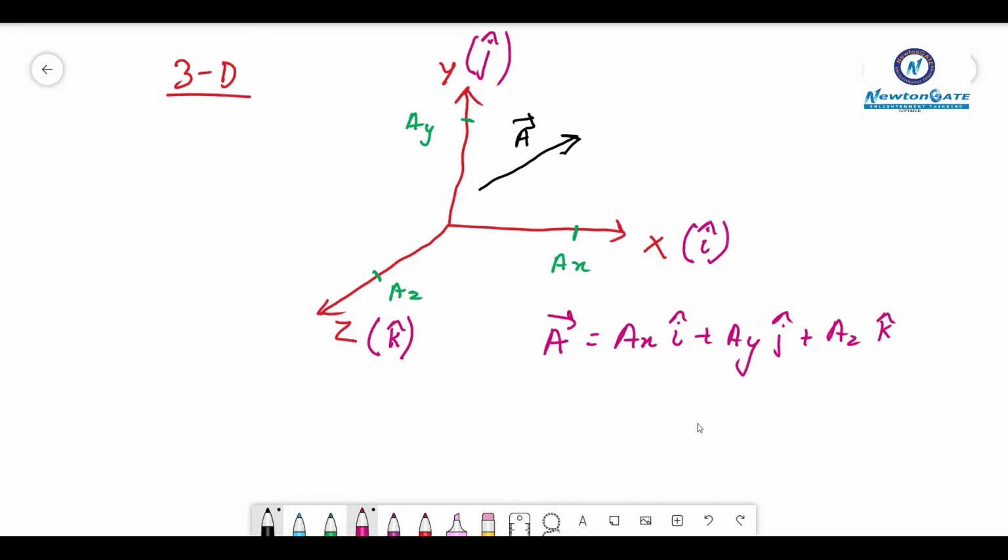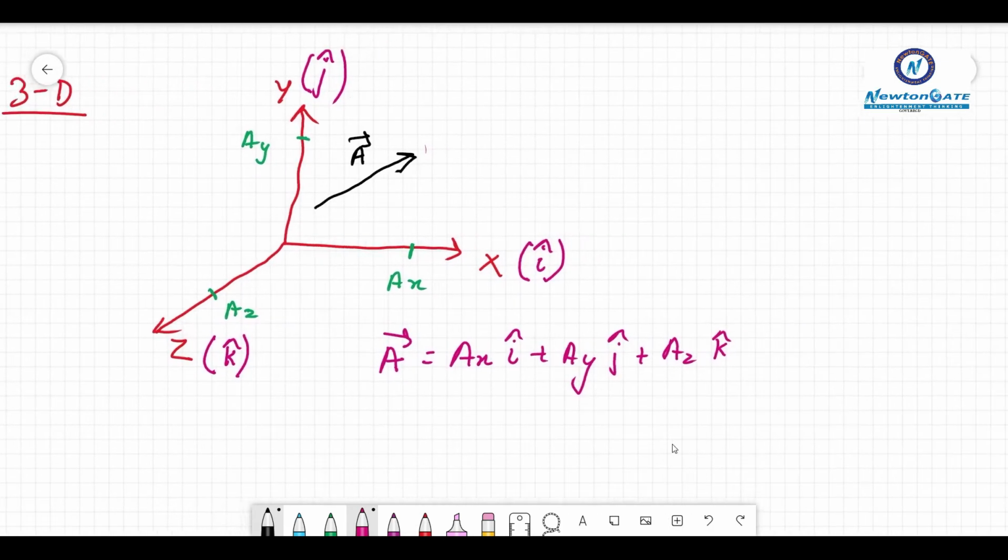Now we understood how to resolve vectors. Suppose I need to find the magnitude of vector A, combining x, y and z together, and also its direction.